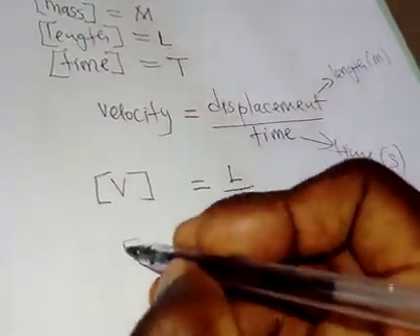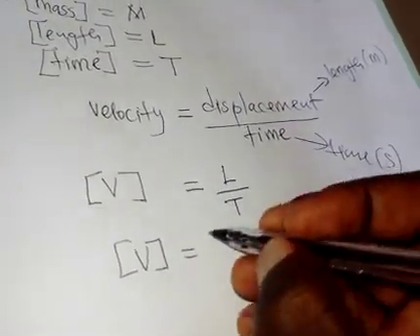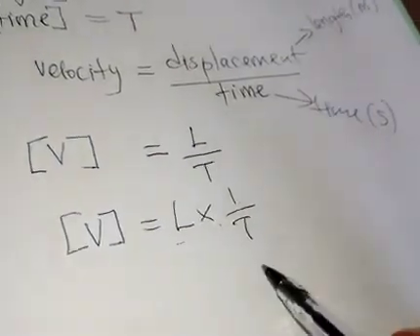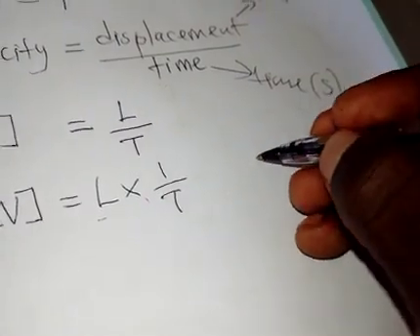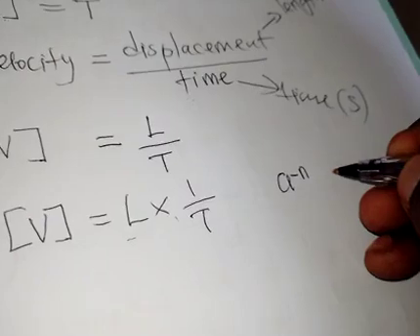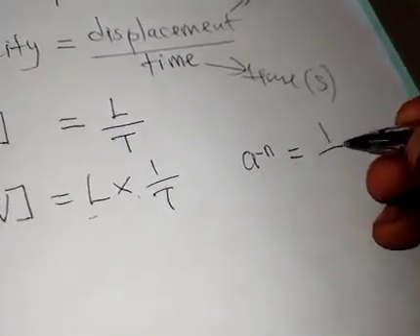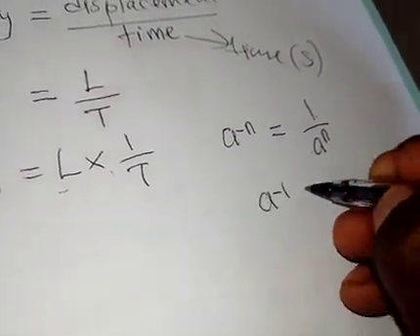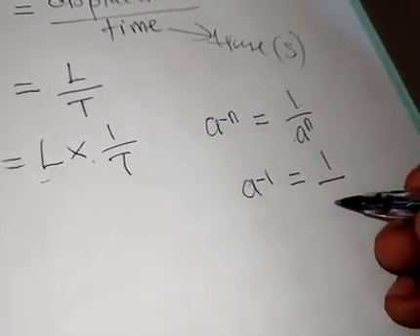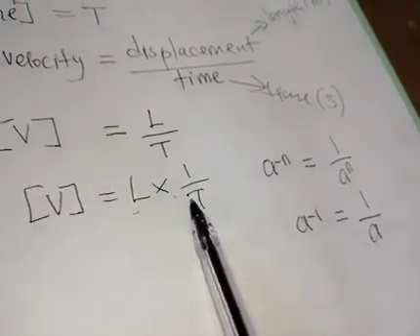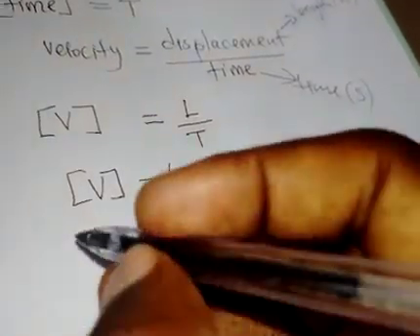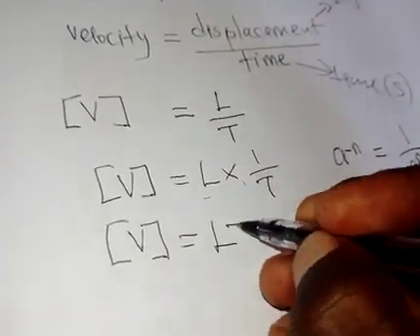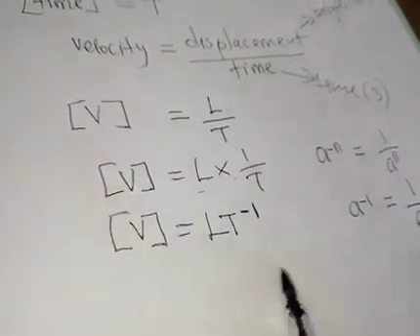Dimensions of velocity equals L multiplied by 1 over T. If you have a to the power negative n, that is simply 1 over a to the power n. So we can write 1 over T as T to the power negative 1. We proceed by saying dimensions of V equals L T to the power negative 1.